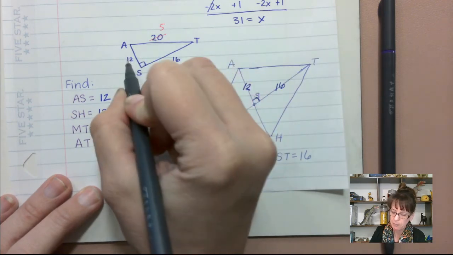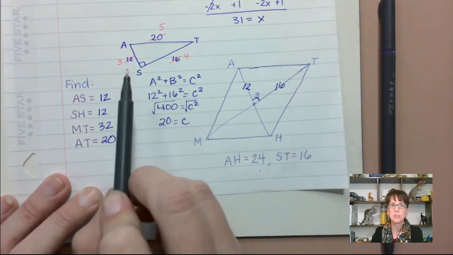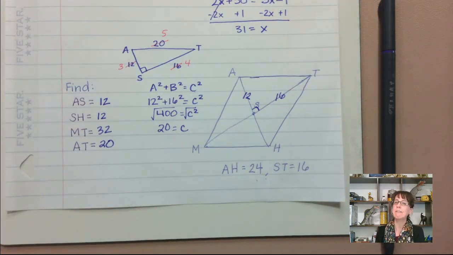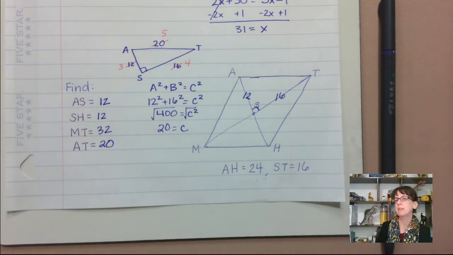If I divide this by 4, I get 3. And if I divide this by 4, I get 4. And so I have a 3, 4, 5 triple. That is a very common Pythagorean triple, 3, 4, 5, and multiples of that, because it's just nice and pretty, and you get a nice even side on all your sides.